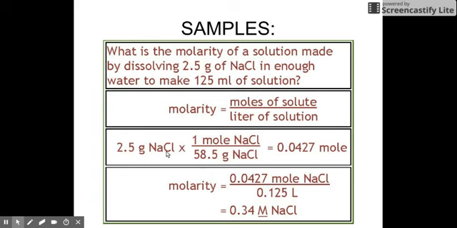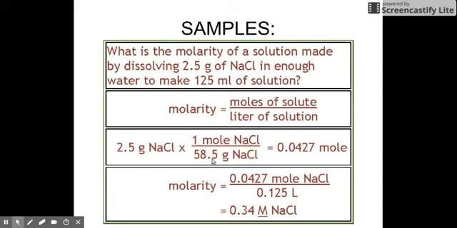So to recall, in order for you to convert your mass to mole, you need to have what you call the molar mass of your solute. So in this case, your solute is NaCl. So you need to look at the periodic table for the mass of Na and the mass of chlorine together, one each. So you get the total, you get 58.5 grams.